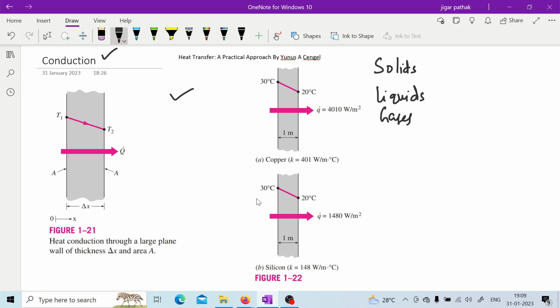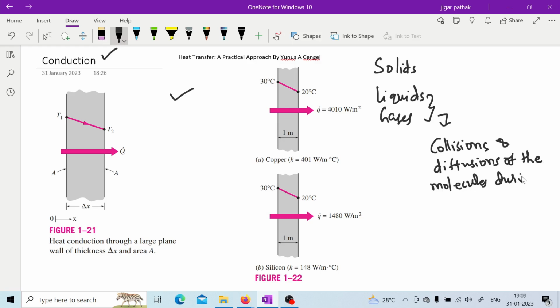In liquids and gases, the collisions and diffusions of molecules take place, and because of that heat transfer takes place. So in the case of liquids and gases, the collisions and diffusions of the molecules during the random motion are the main reason for conduction.